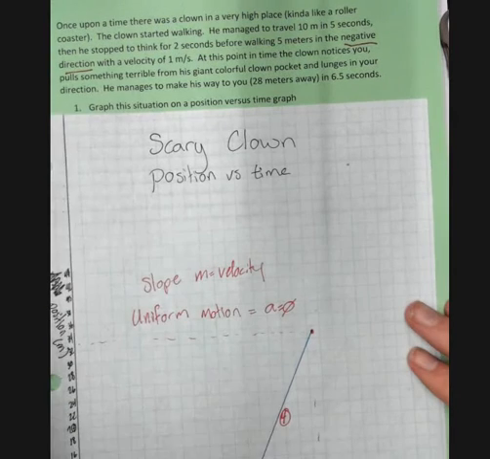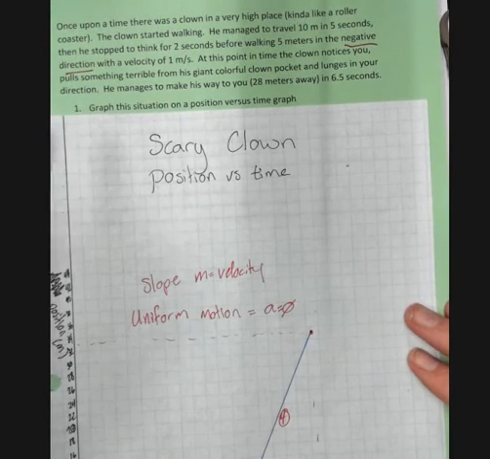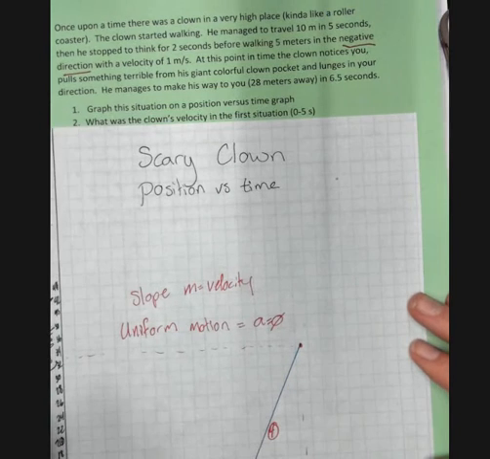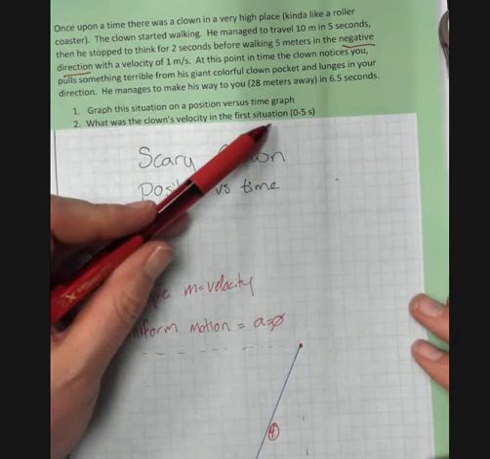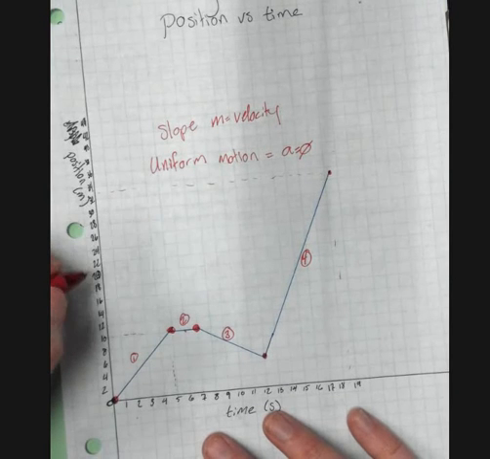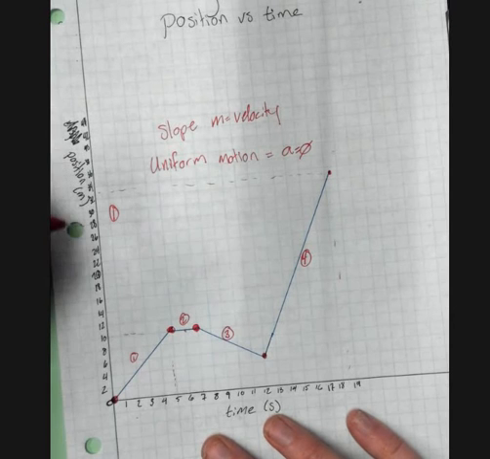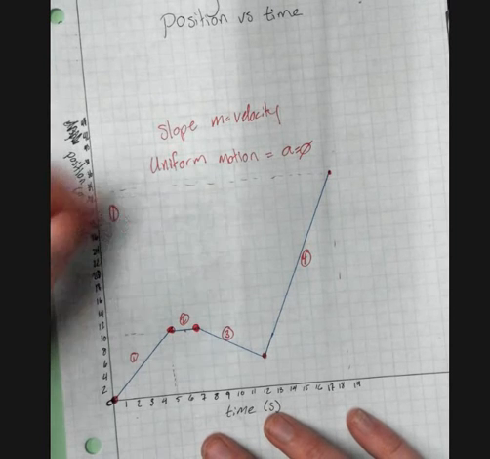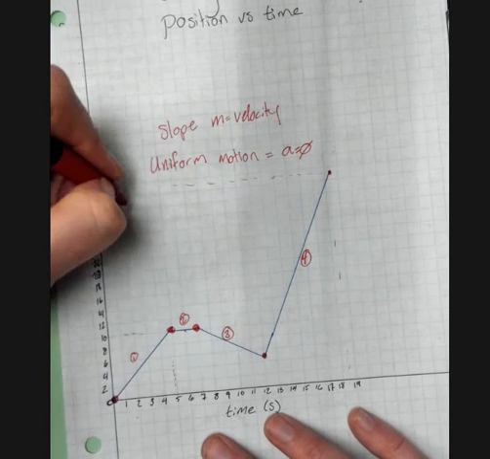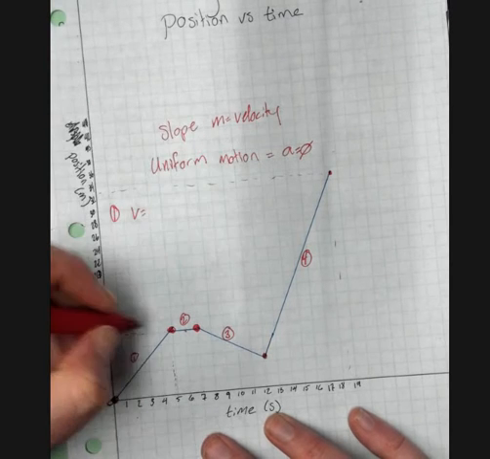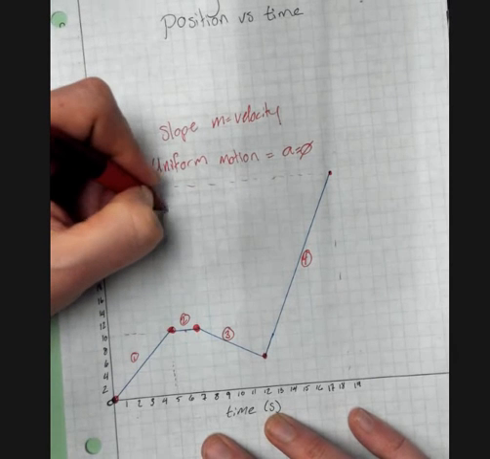Alright, we've graphed this situation on a position versus time graph. We can tell what the clown's velocity was in the first situation, 0 to 5 seconds. Right, in situation number 1, we can determine the velocity. The velocity is going to be the slope, so it's going to be the rise over the run. The velocity equals delta x over delta t.